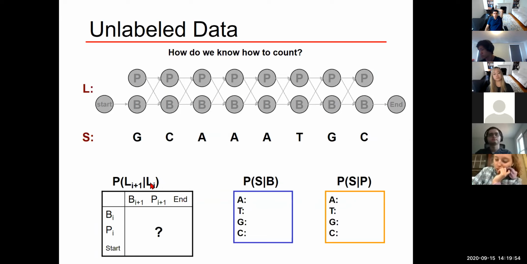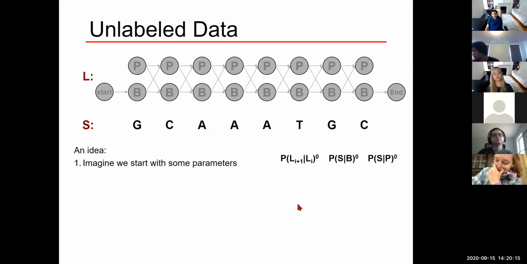If I had an annotation, then I could infer the parameters. That would be supervised learning. If I had the parameters, I could infer an annotation. That's just Viterbi decoding. You know, that's the middle left of my matrix. But if I have neither, how do we solve it?